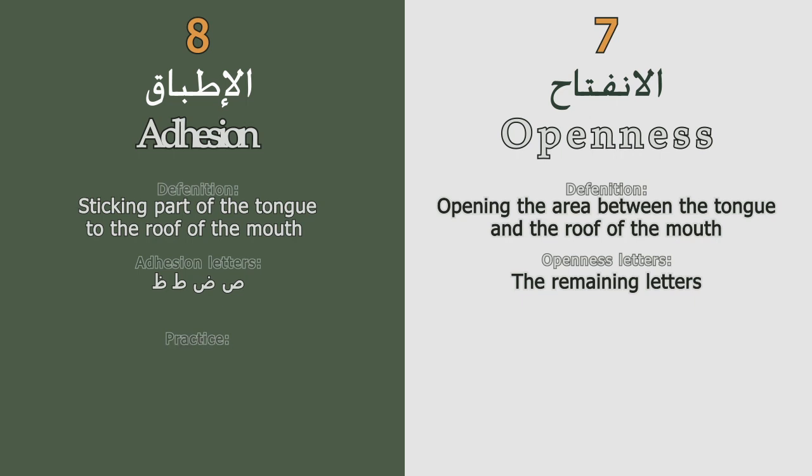If you pronounce these letters without adhesion, this is how they will sound. Sa, sa, da, da, ta, ta, za, za, which eventually will cause you to confuse them with other letters.